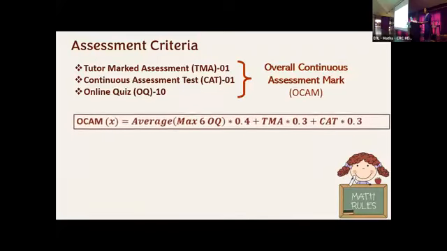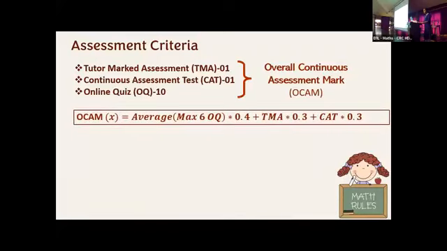How do we calculate that mark? For this course, this is how we calculate it. We consider our maximum 6 online quiz marks, TMA marks, and CAT mark, that means continuous assessment test. We take 0.3 from the CAT examination, 0.3 from the TMA, and 0.4 from the average of the maximum 6 quizzes.